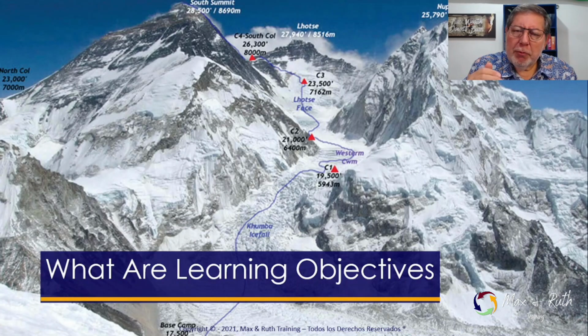And from Camp 4 up to the summit, there's just about 2,000 to 2,200 feet of height difference. But they must leave Camp 4 at 2 or 3 in the morning to reach the summit at noon the next day.